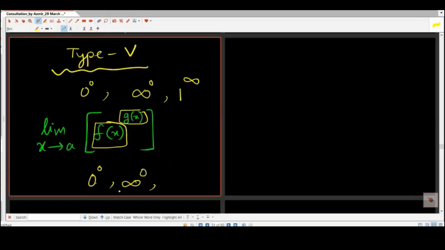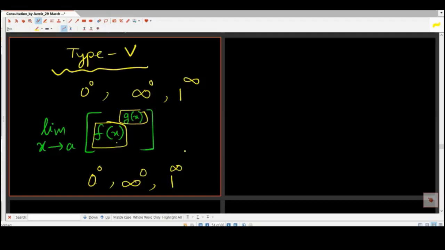So this is another indeterminate form. This function may be 1 and the power function may be infinity. So this is another indeterminate form. So this is what we know as type 5.